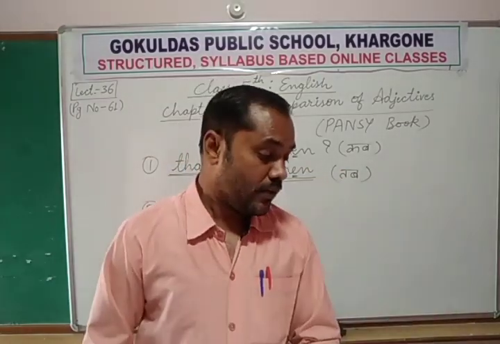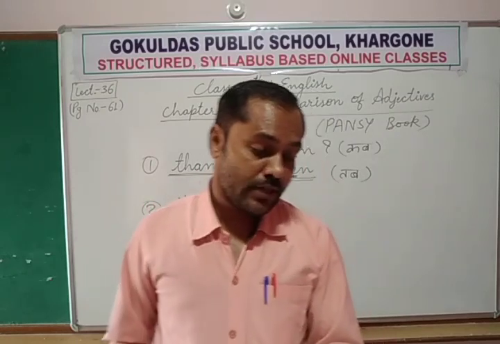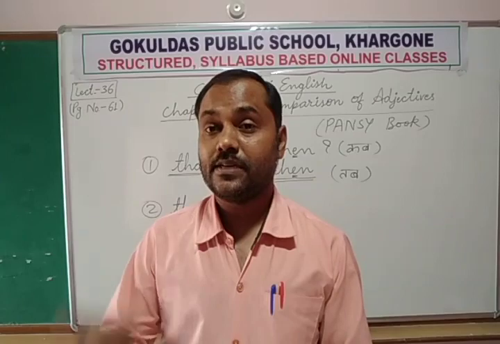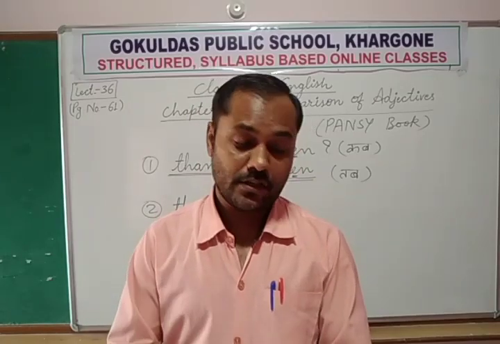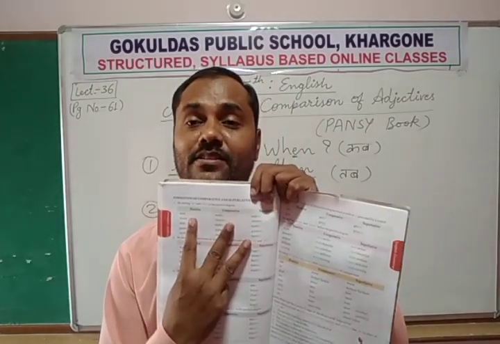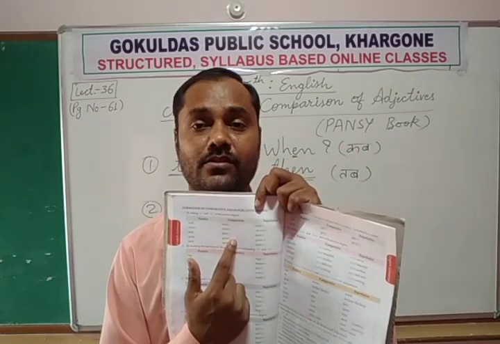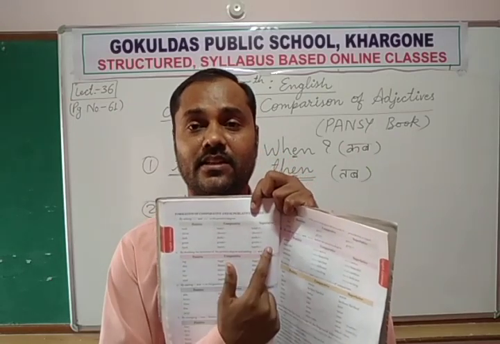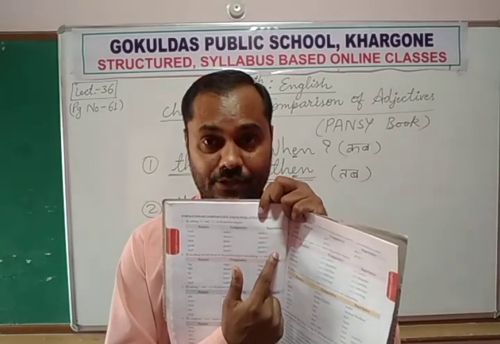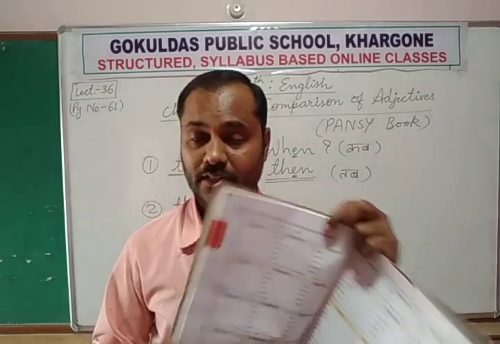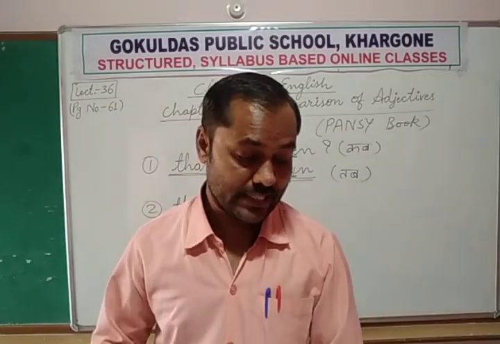The formation of comparative and superlative degrees by using positive degrees: if you see, there are 3 columns. The first column shows the positive degree, the second column shows the comparative degree, and the third column shows the superlative degree. So we need to always learn this.